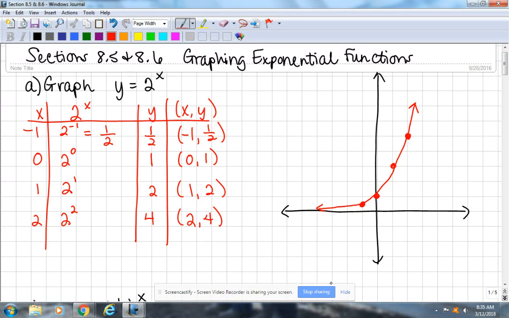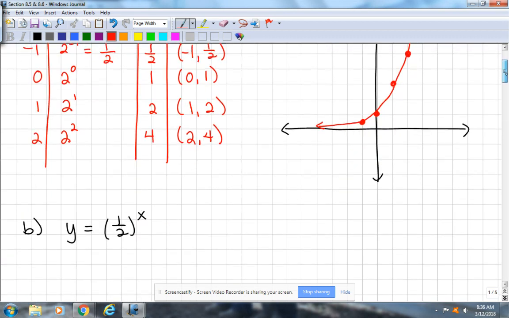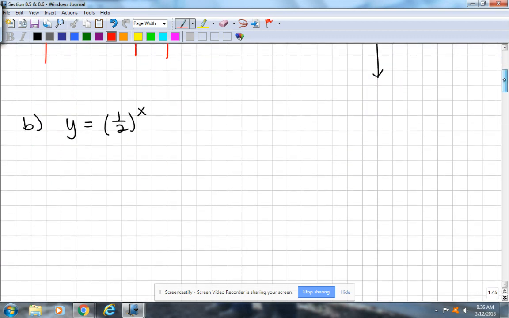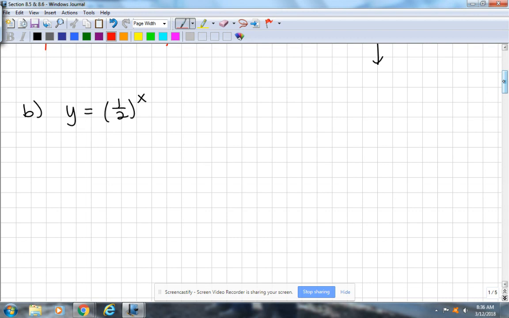The range, the y values have to be greater than 0. But the domain would be all real numbers. Let's do a fraction. So go ahead and make your table, and we're probably going to pick the same 4 x's again.